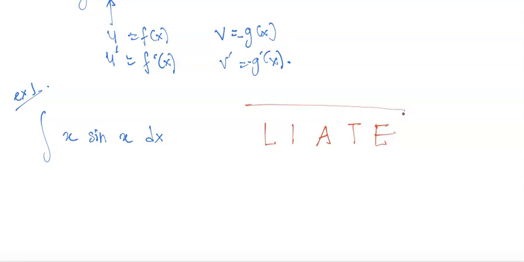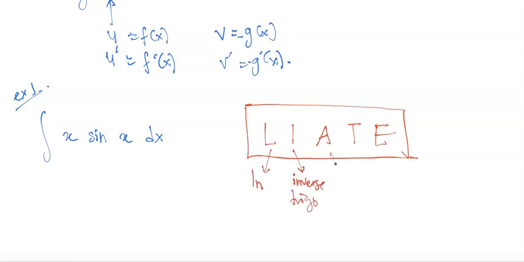LIATE. I think some of you already know this one, where L is ln, I is inverse trigo, A is algebra, T is trigo, and E is exponential function.